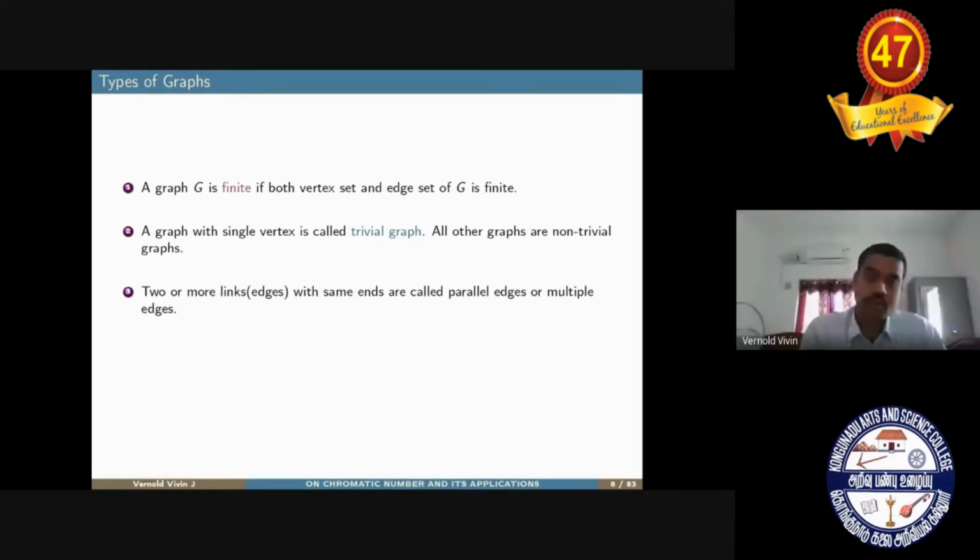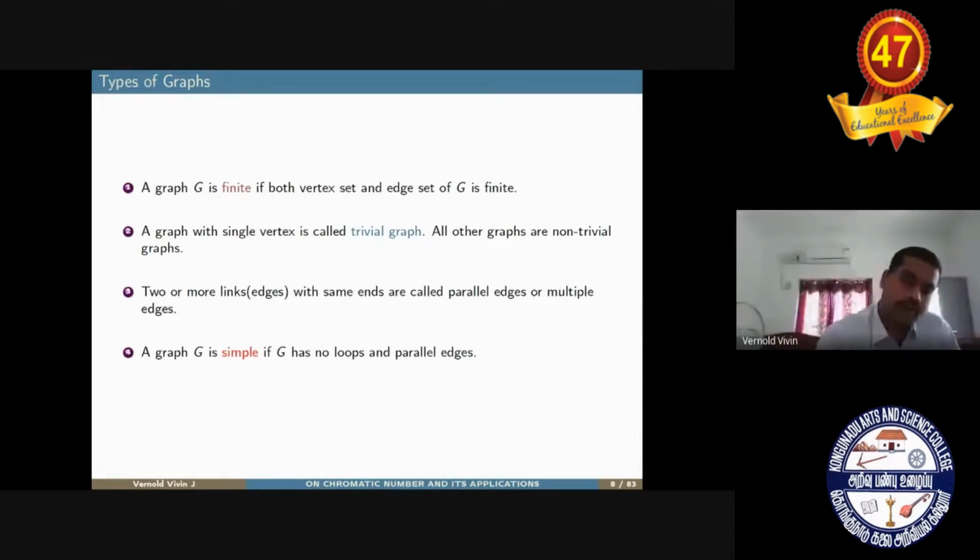That is called parallel edges, otherwise called multiple edges. Next, a graph is simple if G has no loops and no parallel edges. The type of graphs which we are going to deal with are simple graphs, which will have no loops and no parallel edges.